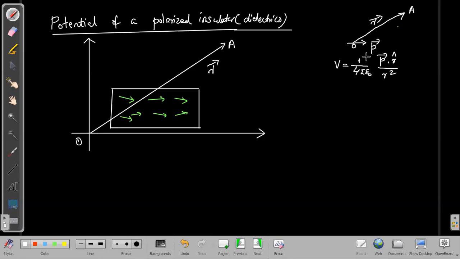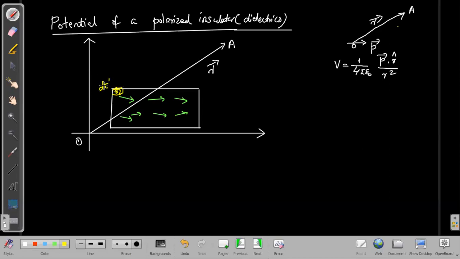Okay, so we can use this expression in order to calculate the total potential produced by the dielectric. For that, I have to divide this entire dielectric into small pieces. So consider an infinitesimal volume d tau prime.